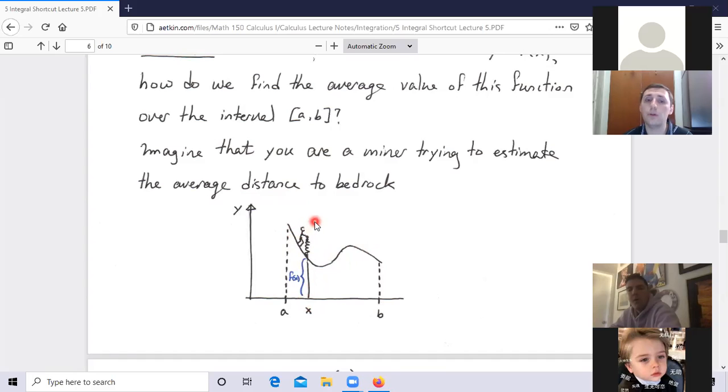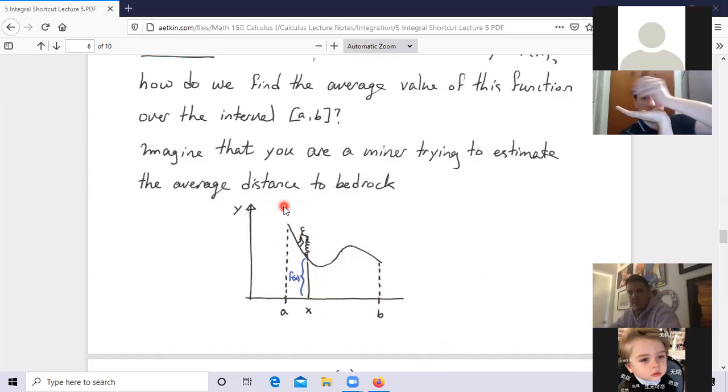How would you estimate how deep it is on average? In some places it's deeper, in some places it's not as deep. How do you estimate the average? One suggestion would be this. I usually show it when I'm in class. So imagine what you do.